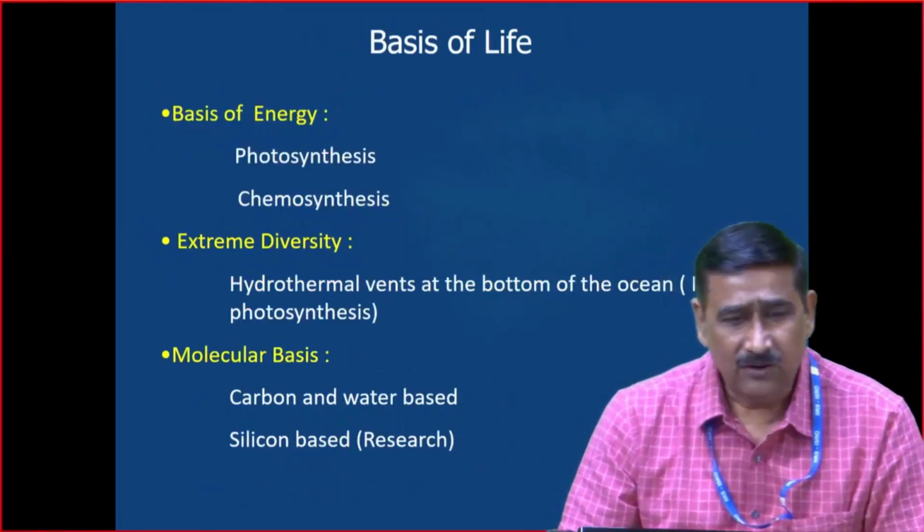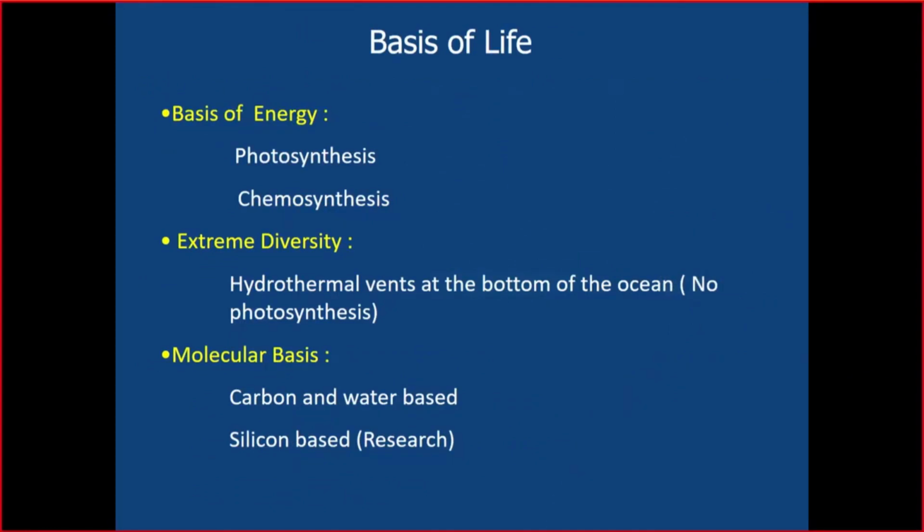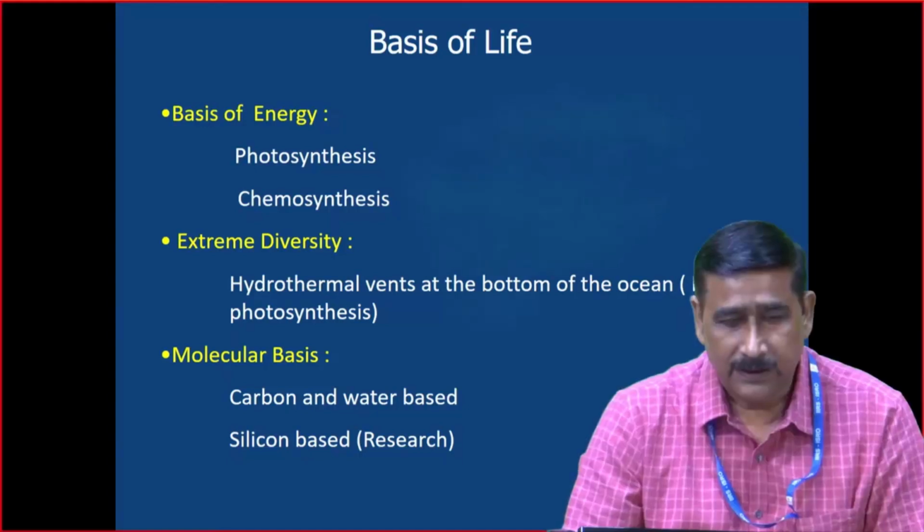So, what is the basis on which this energy comes? The energy on our Earth is mainly from photosynthesis, the conversion of light into organic matter. But it has been found that in many cases chemosynthesis is also responsible for the energy in life forms.